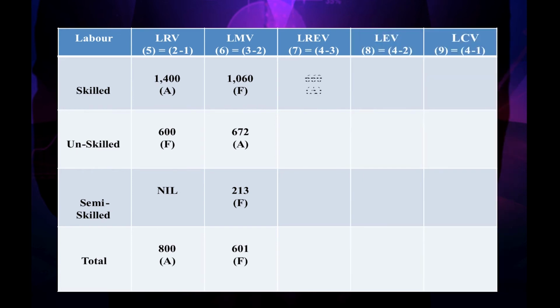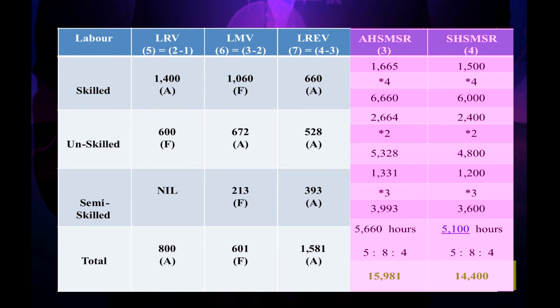For skilled labor it is 660 A, unskilled 528 A, semi-skilled 393 A, wherein the total is 1581 A. We can prove this again, where the total of product 4 minus total of product 3 will get 1581. If this is true, then all our internal variances are true.